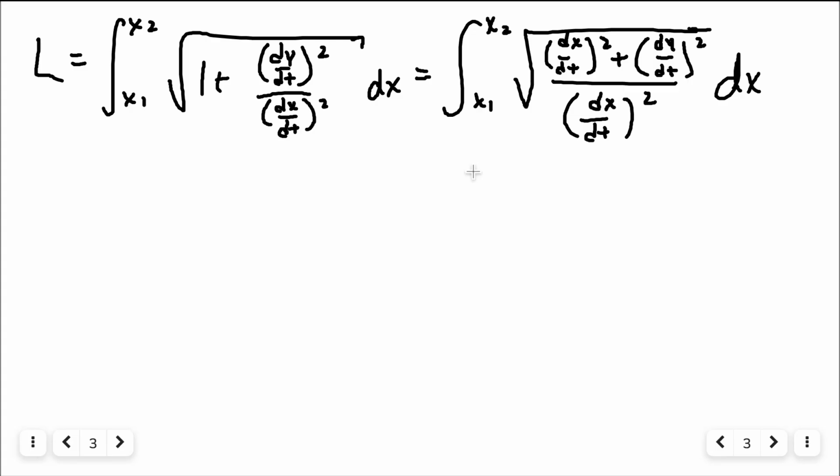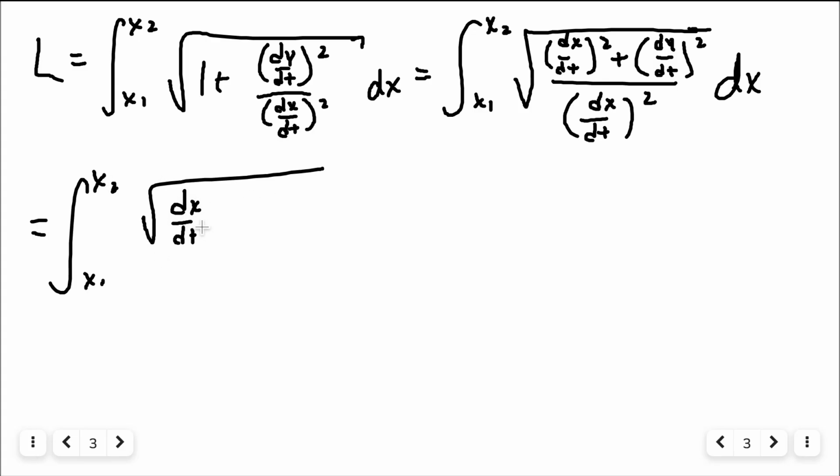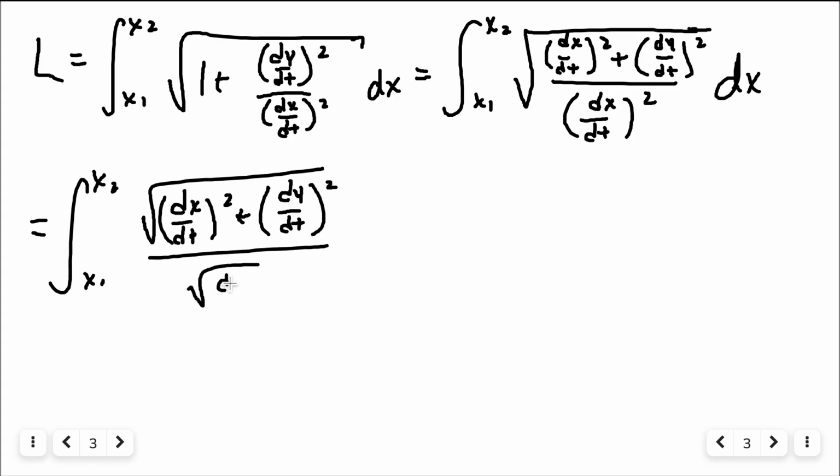All right, so far so good. Now, all this fraction is underneath the square root, so I'm allowed to take the square root of the numerator and denominator separately. So we're going to have the square root of dx dt squared plus dy dt squared, all over the square root of dx dt squared, with respect to x.